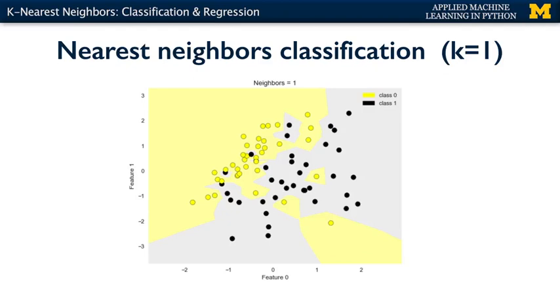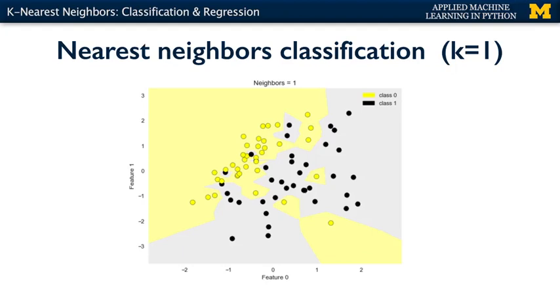As you might recall from week 1, where we applied a nearest neighbors classifier to our multi-class fruit data set, here we're applying the nearest neighbors classifier to our simple binary classification problem, where the points in class 0 are labeled with yellow dots, and the points in class 1 are labeled with black dots.